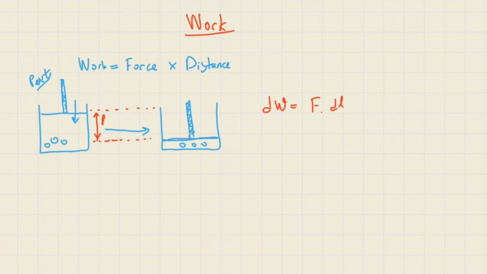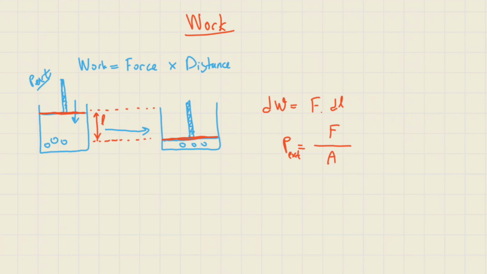Force is actually created by the pressure, but there is a relationship between force and area. This is the area of the piston. The external pressure should be equal to force over area.